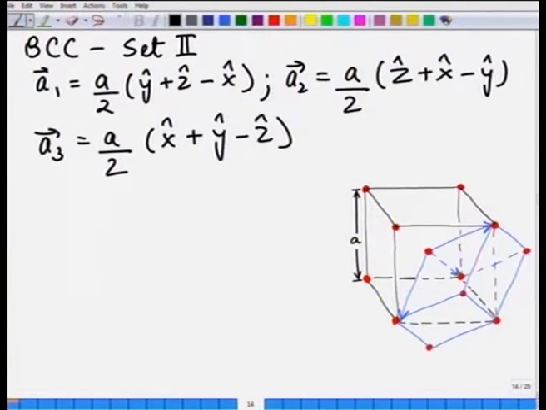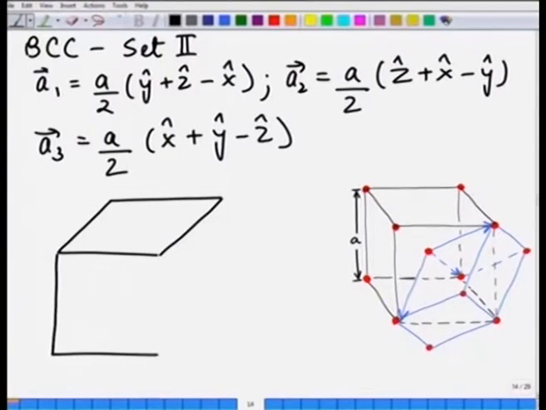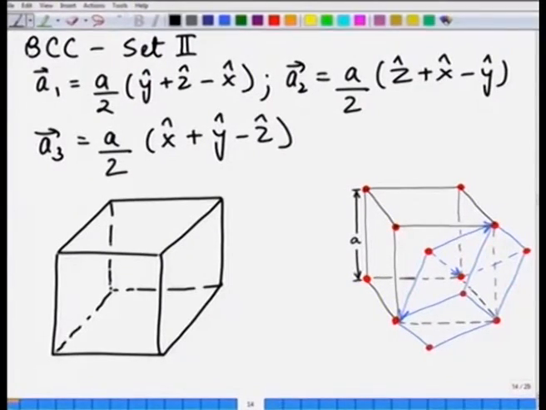You want to see this one? Let me draw this also for you and show you how these vectors would look like. We keep this big enough. I am trying to draw a cube, though it does not look exactly like a cube, but nonetheless bear with me and use a little bit of imagination.